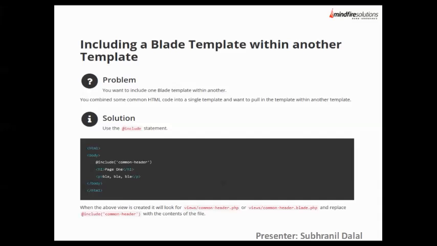Blade provides a directive called include, and I just use @include with the file name. Here you can see I use @include common header. That means common header is a PHP file called common header.php, or it may be common header.blade.php inside the view folder, and it resides in the view folder of the Laravel project setup.